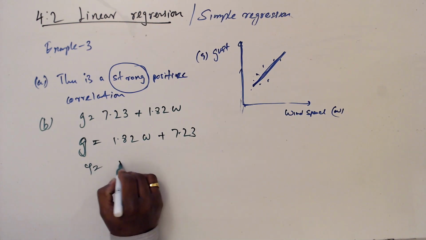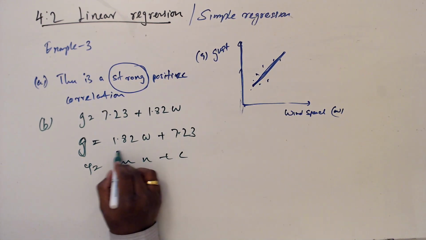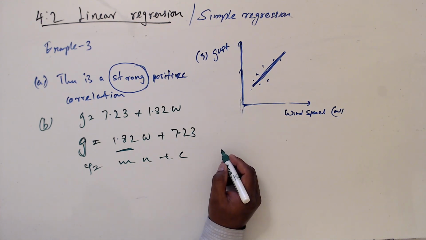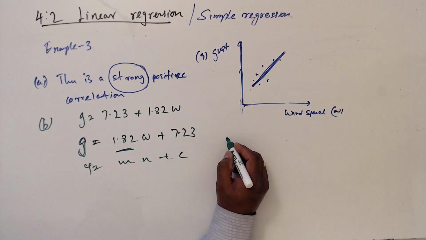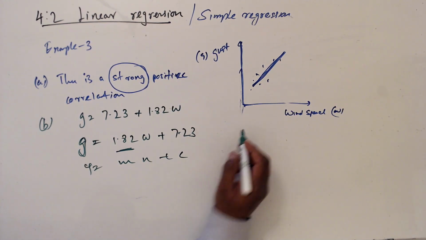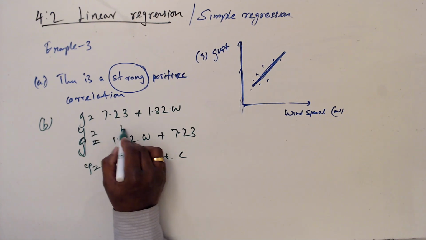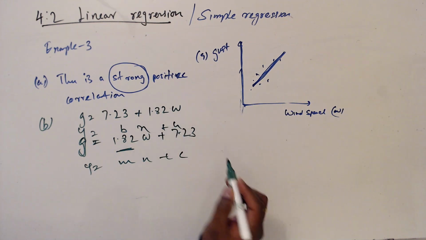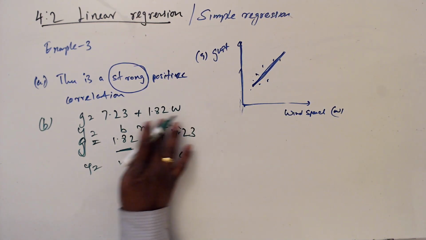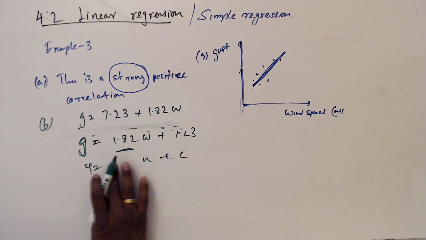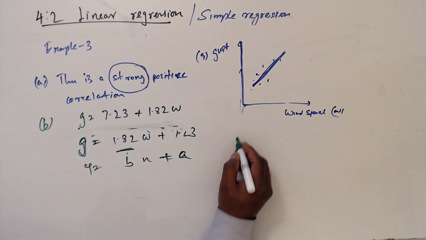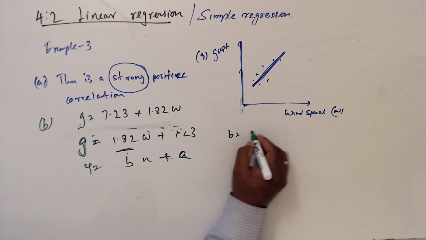This is the y equal mx plus c form. Now you can see the gradient. The gradient is 1.82. Usually we work with y equal bx plus a.